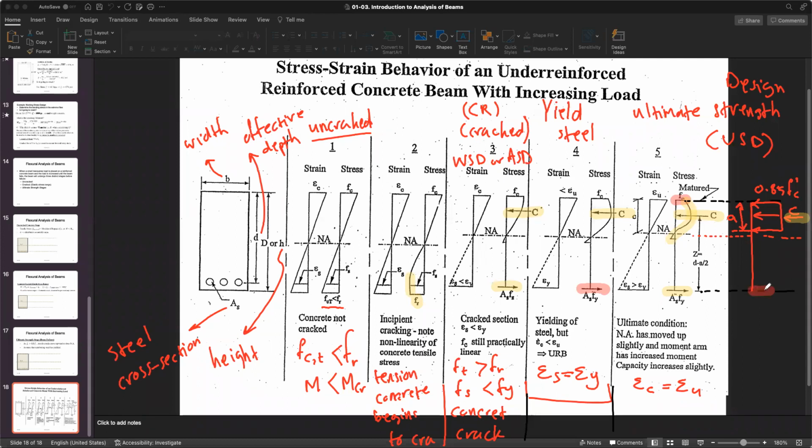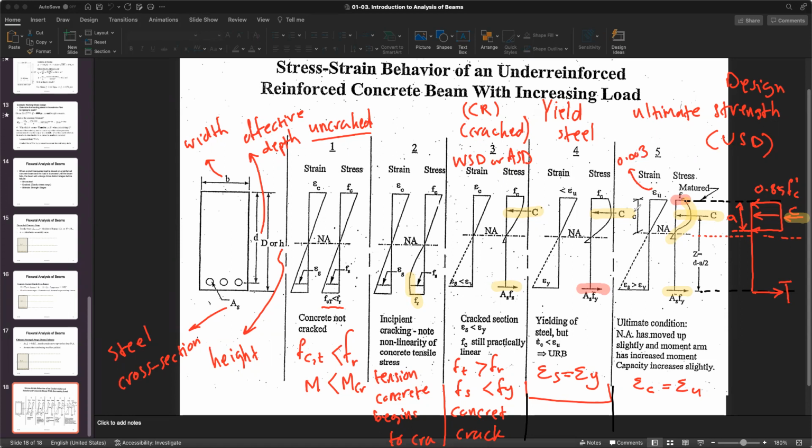Now you have the T. Okay. Just a quick thing here, I forgot again. Epsilon u has reached 0.003 for concrete.